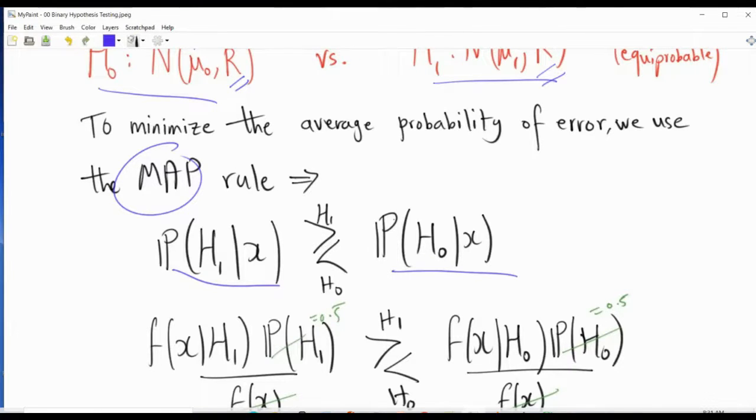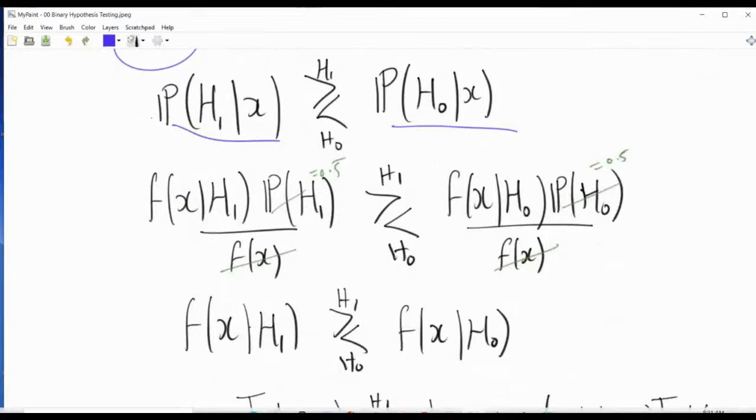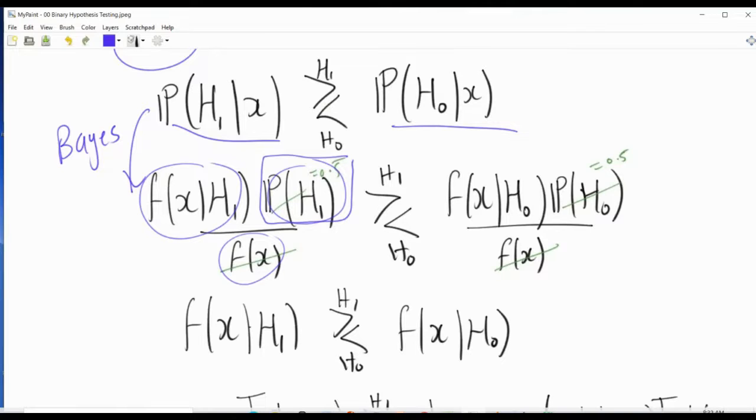You can use Bayes to write the posterior probability in terms of the likelihood function, the prior probability, and you divide by f of x, assuming it is not 0. Then you can eliminate f of x from both sides, and the prior probabilities are left here.